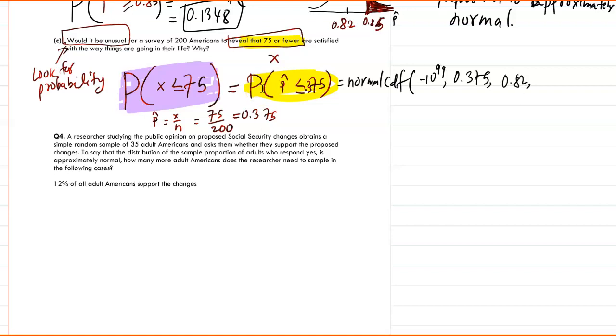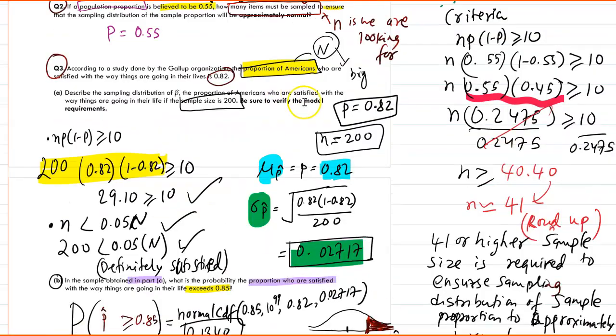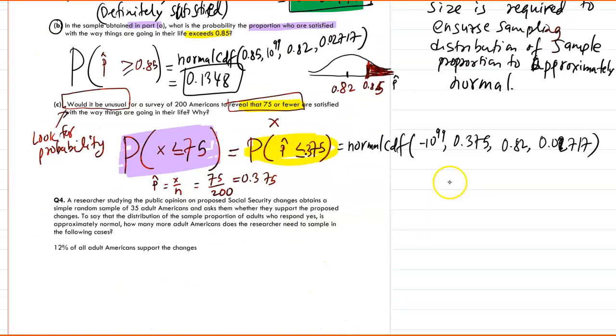We had it before, it's going to be 0.0222717. Okay, that's what I'm using, and I use the calculator.